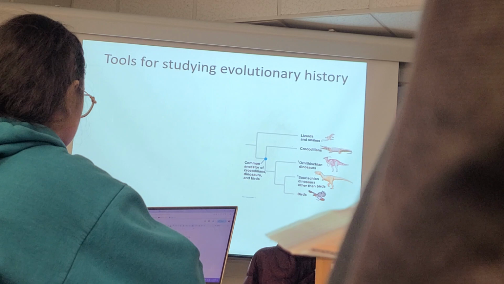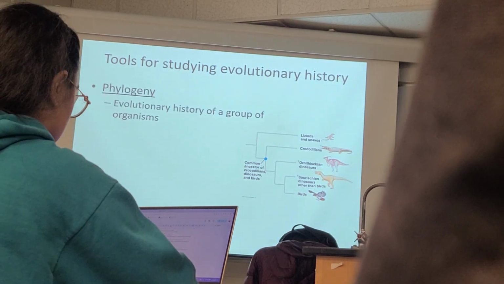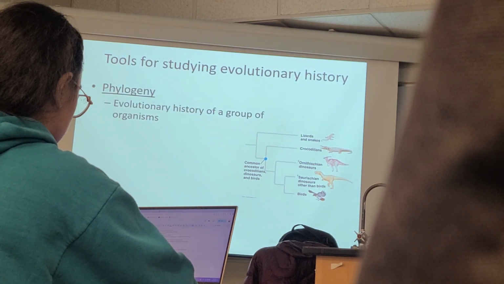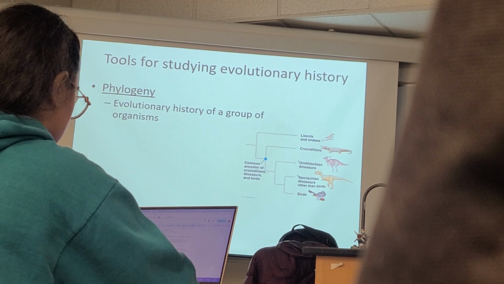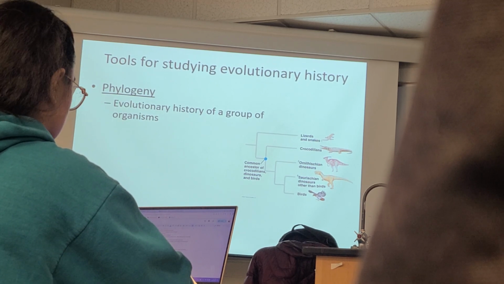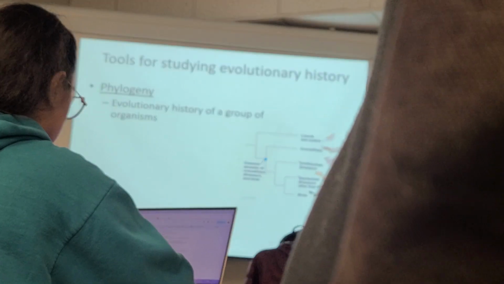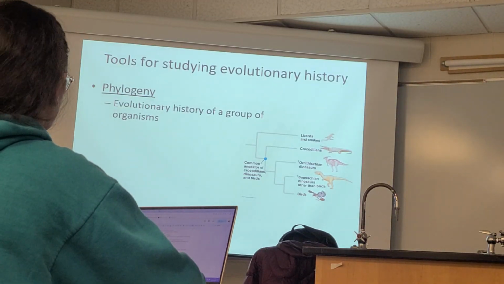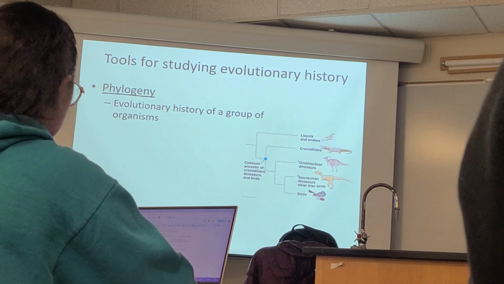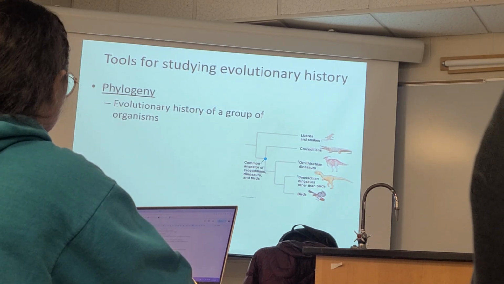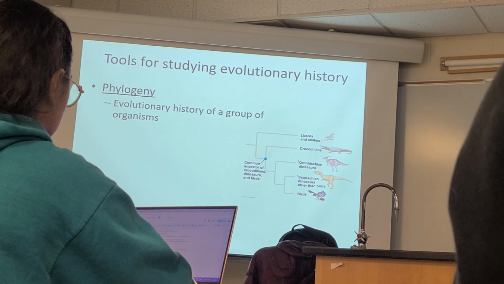All right. The tools for studying evolutionary history include phylogenies. This is ultimately what we would like to know. We would like to know the evolutionary history of a specific group of organisms that we are interested in studying. The problem is, we can never know that. Never know it for sure. Because nobody has ever been there for the entire lives of these species in their existence.